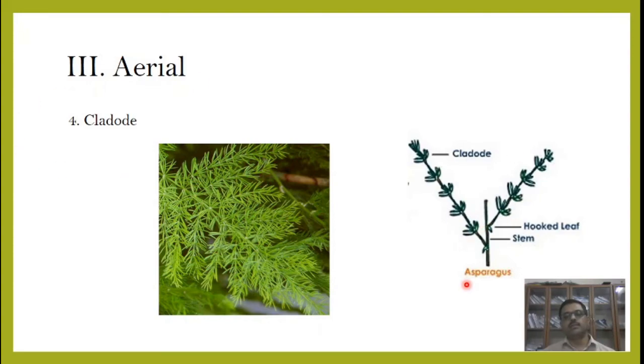So we can see here in this plant asparagus, on the main stem there are these modified stems that are given off at regular intervals, and a whorl of such modified stems are found here, and these are the cladodes because each cladode has just a single internode. So if the phylloclad has one or two internodes, it becomes a cladode.